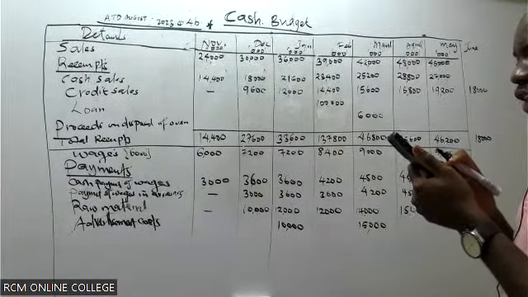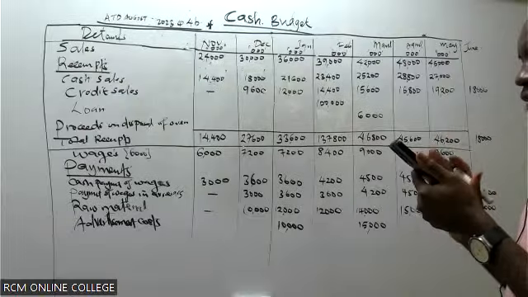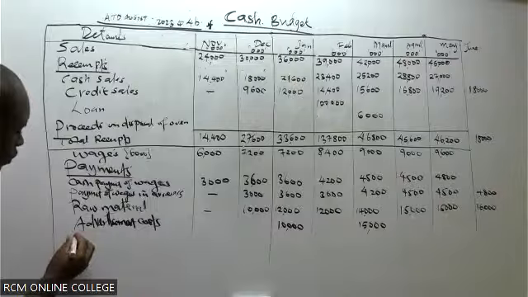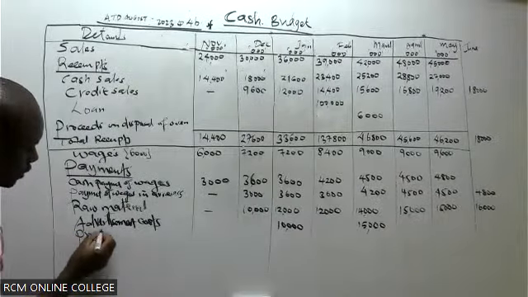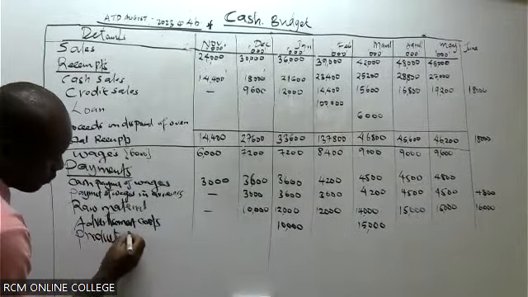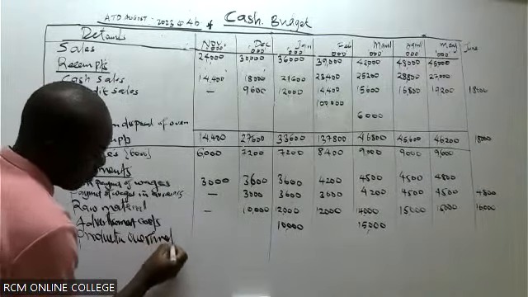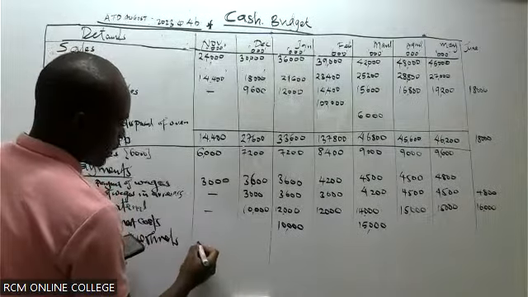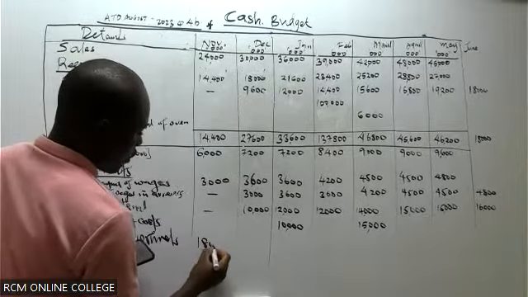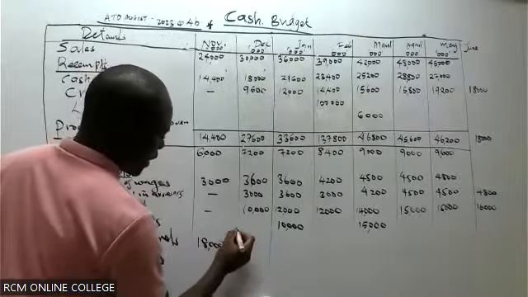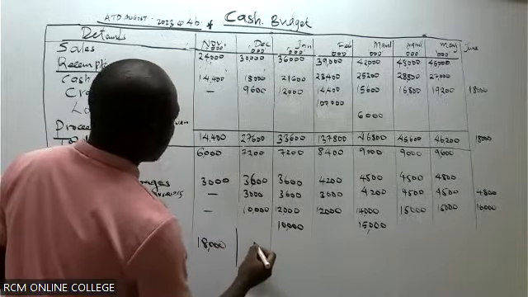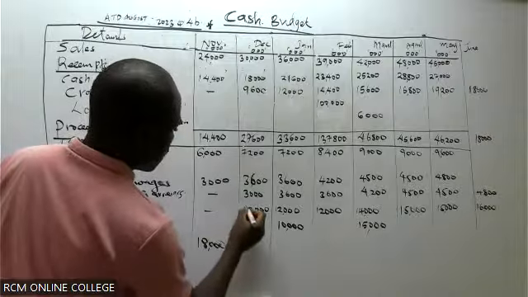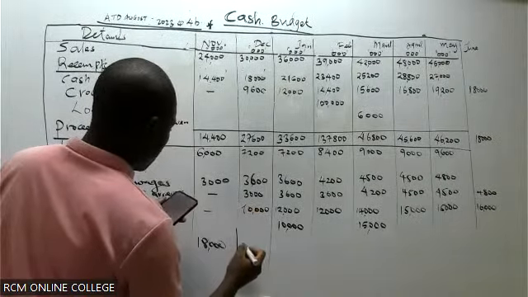Then production overheads during the period up to 31st December had been at 18 million. So we have production overheads. If you have any question, please raise it. Production overheads up to 31st of December were at 18 million. If you are keen enough, you'll see the examiner is silent, not indicating whether they were paid in arrears or just paid in the specific month that they were incurred.